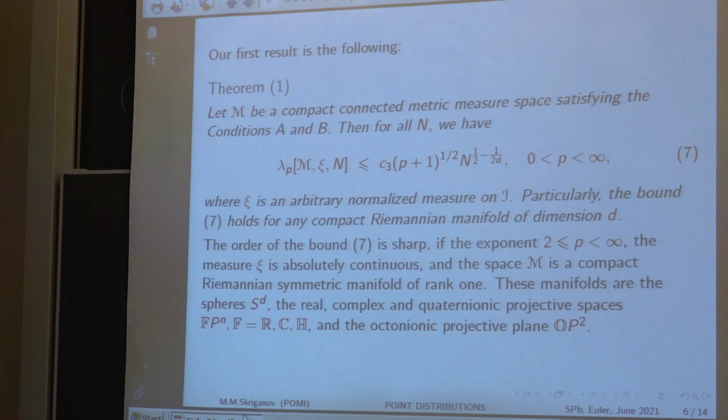Okay, let me continue. The main theorem is the following. Suppose that our metric measure space satisfies conditions A and B. Then for all n, we have the following bound for the LP discrepancy for finite p.